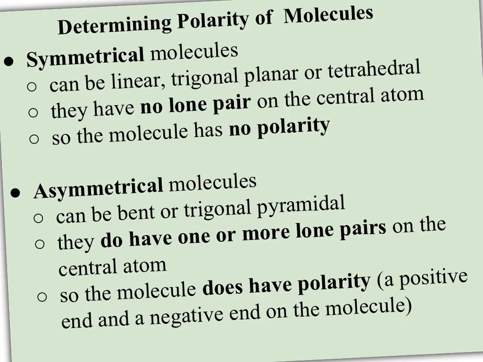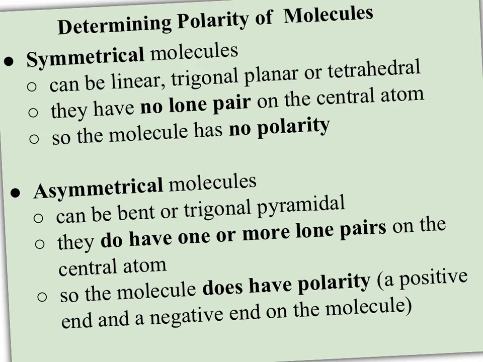And so what are symmetrical molecules? Well, assuming that you don't have an expanded octet, you can have linear, trigonal planar, or tetrahedral for your symmetrical molecules. And what they all have in common is they have no lone pairs on the central atom. So the bonding atoms can be equal distance apart from each other. They have the same bond angle.